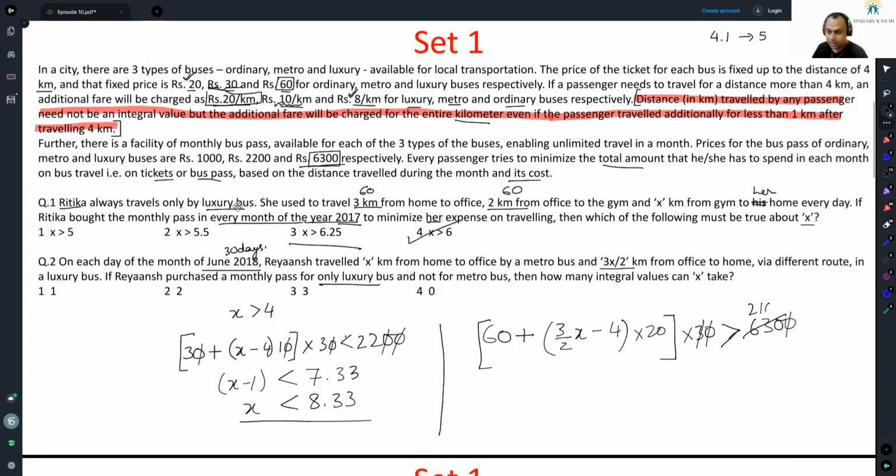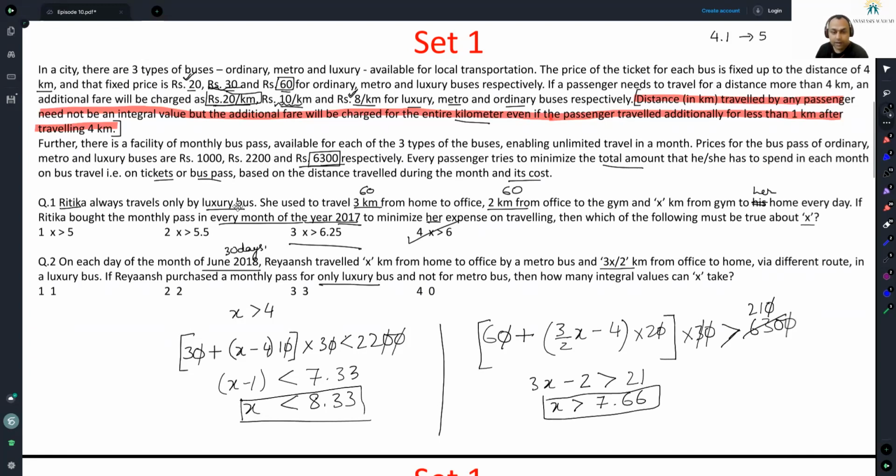I get 210 here. I can get rid of zeros more. All zeros are done. So 3 by 2x, so 3x minus 8 plus 6. So minus 2 is greater than 21, or x is greater than 7.66. I have found another limit for x.